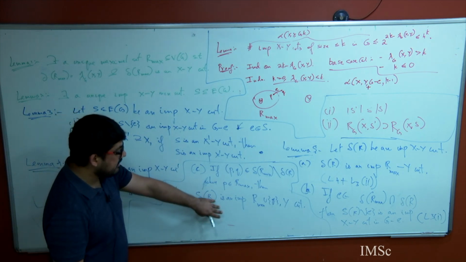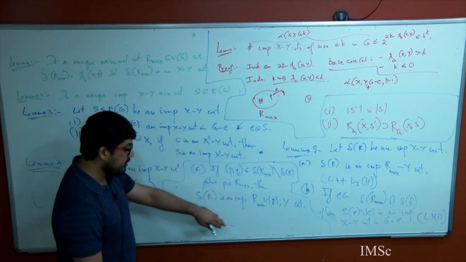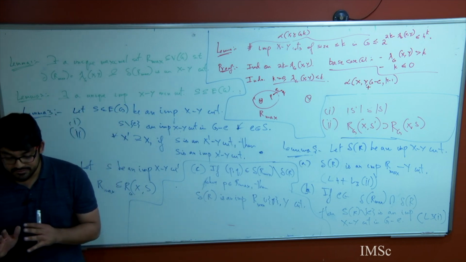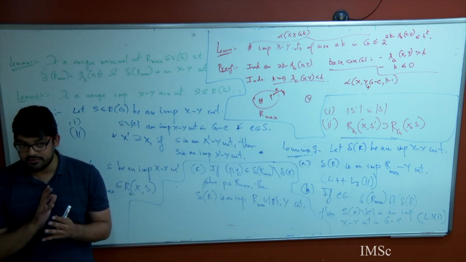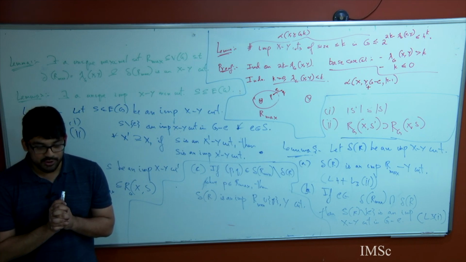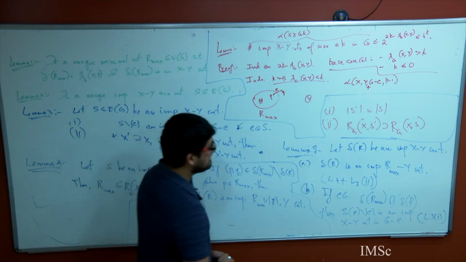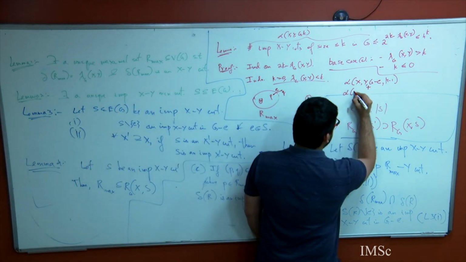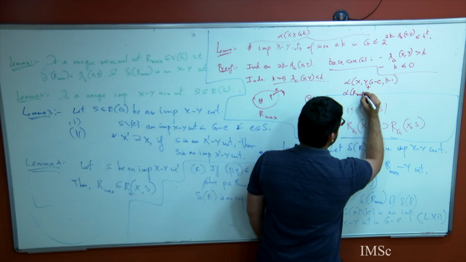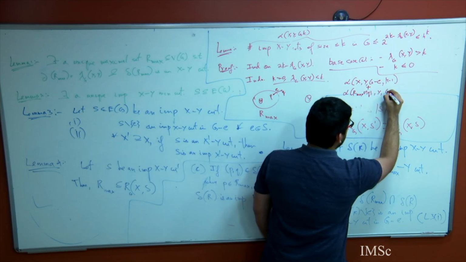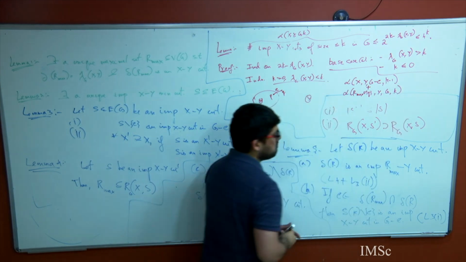So if you're using lemma 5C, then you need to use R max union Q. Taking Q is also enough, but I'll let you worry about this later. But for now, let's just plug in the lemma as it is, and I'll count these as R max union Q, Y, G, K. Right?